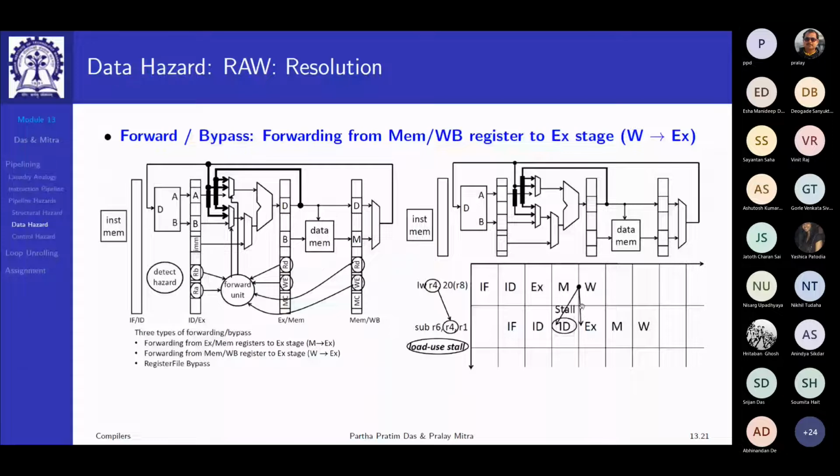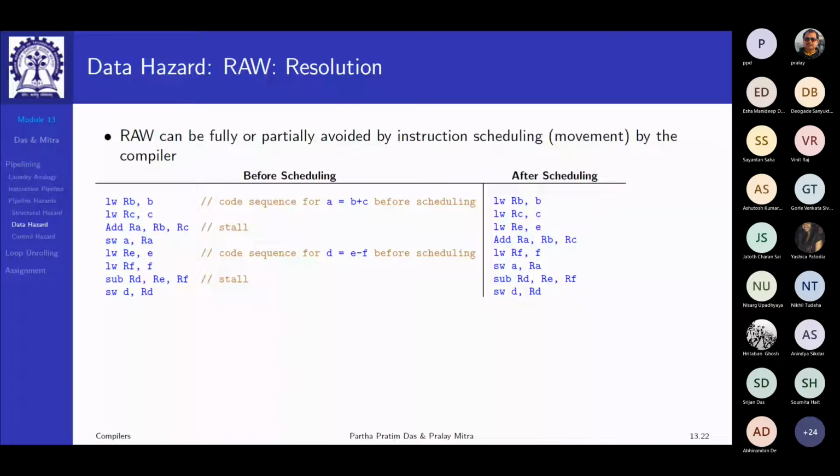And we had seen this example before, that there are 2 loads, then add, then store, again 2 loads, subtract and store. So the basic idea is when you are having a stall, instead of losing that cycle, if you can find some instruction from later on which does not have a data dependency, you can move that instruction earlier and use that cycle to improve on the stalling behavior.